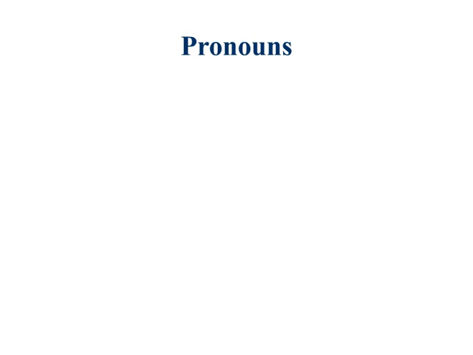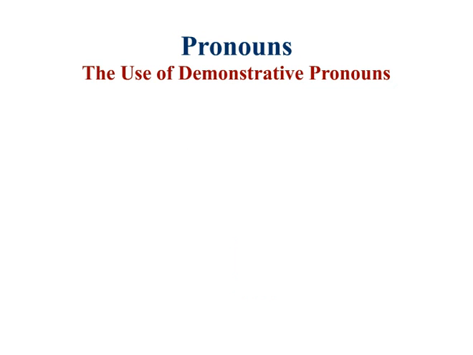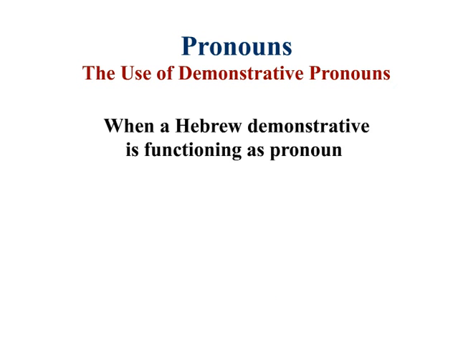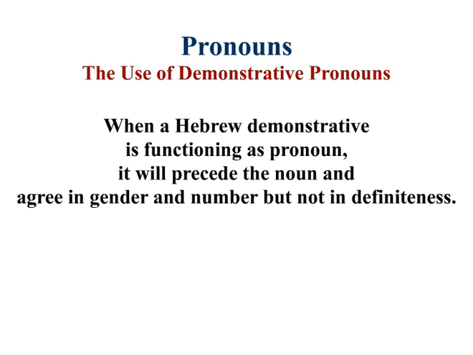In handout 8E, in the grammar 8.7.2, we study demonstrative pronouns. When a Hebrew demonstrative is functioning as a demonstrative pronoun, it will precede the noun and agree in gender and number, but not in definiteness.